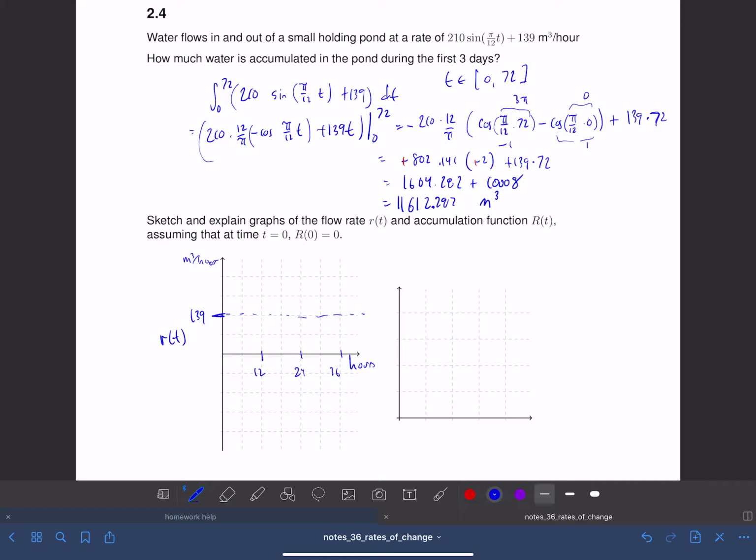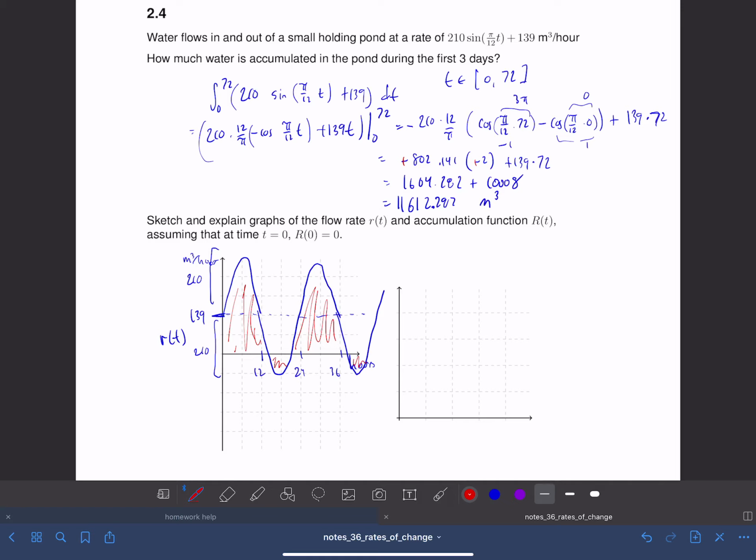I need the average to top to be 210. Sometimes there's flow out, but most of the time there's flow in.